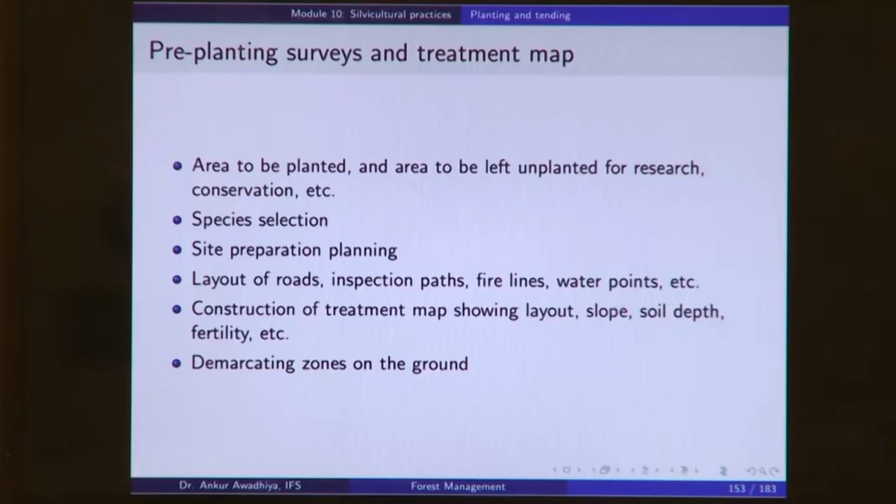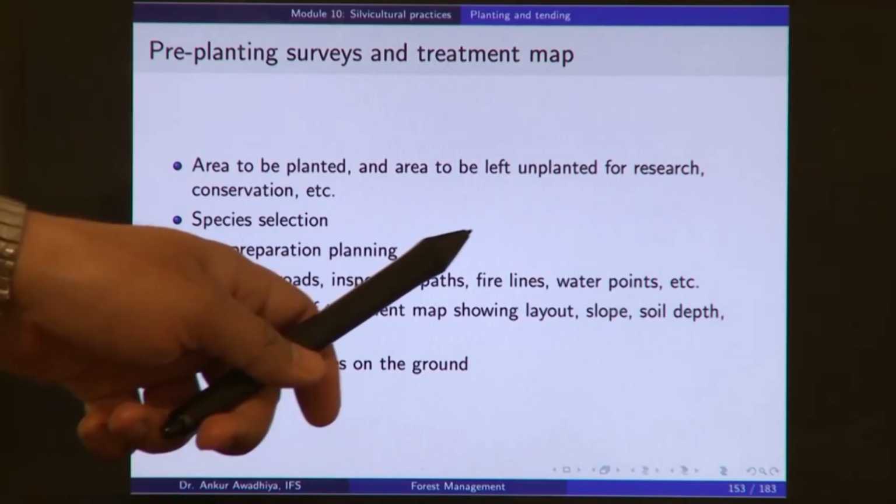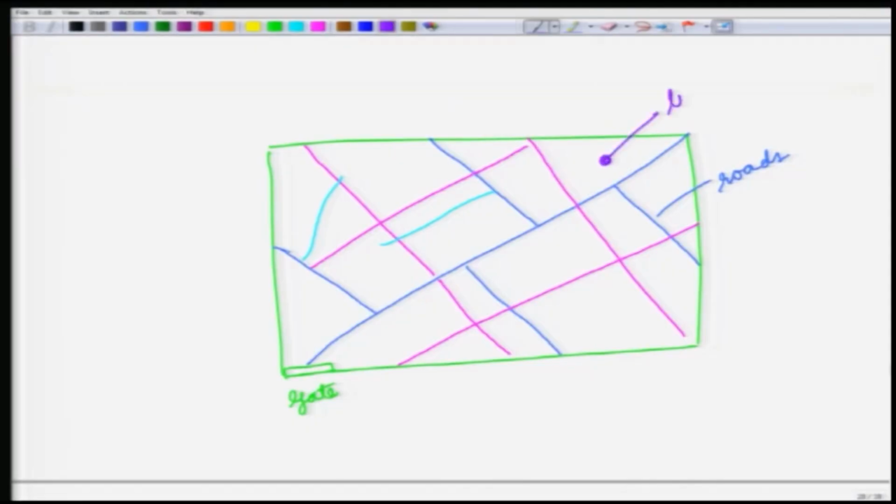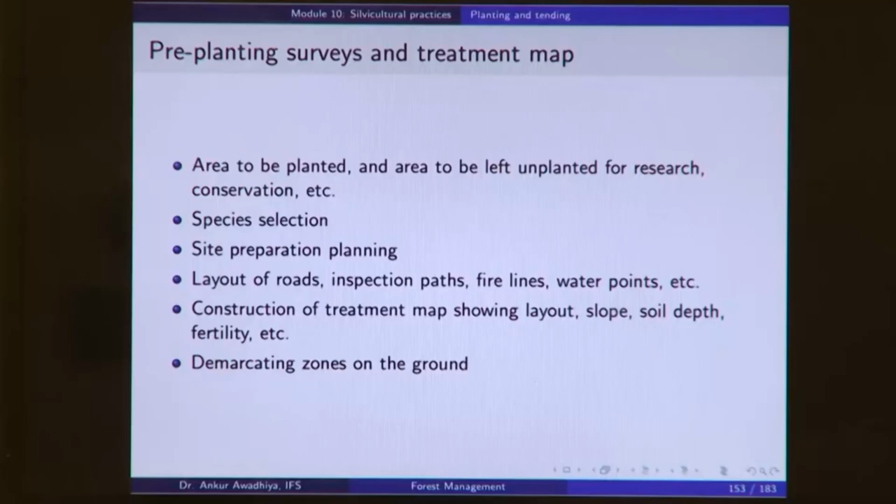So, all these preparations, layouts for roads, inspection paths, fire lines, water points, especially for plantations being done in urban areas where you want to have a fast growth, you will probably also require certain areas where you will dig a tube well. So, where is the point where you want to have the tube well for irrigation of this area is also something that you will decide during the pre-planting surveys.